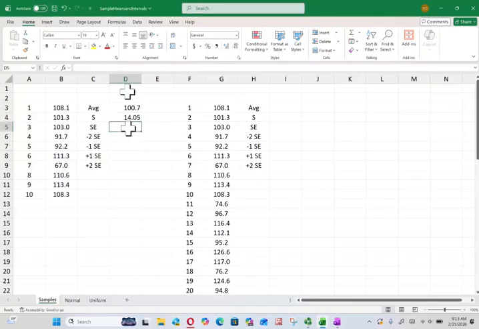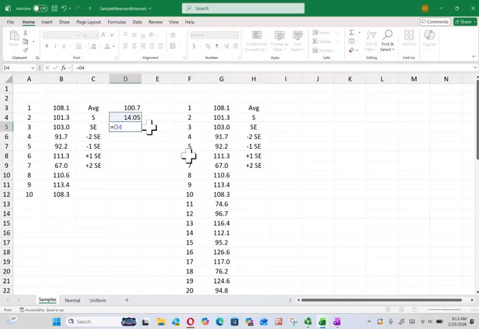The standard error of the mean is the 14.05 divided by the square root of 10. That's our sample size. So take equals that cell, whatever's in it, divide it by SQRT 10. And we get 4.4.